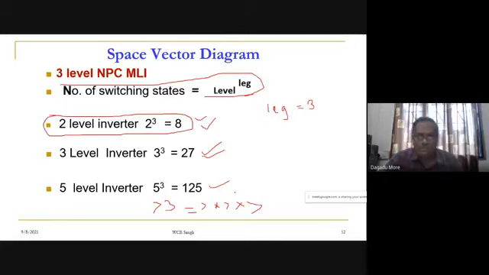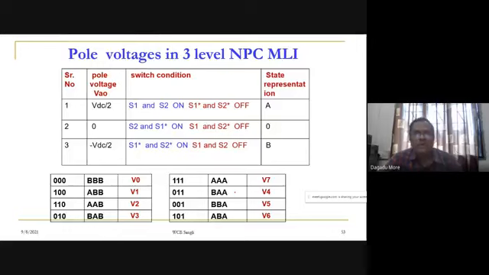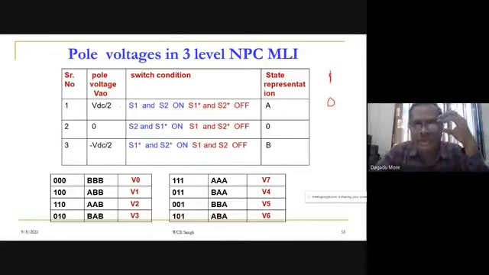So here these are the switching states. Now how to represent the pole voltages when our level is plus VDC by 2. In case of two-level, we use the numbers 0 and 1, binary numbers, to represent the switching state, because we are having one leg with two devices.